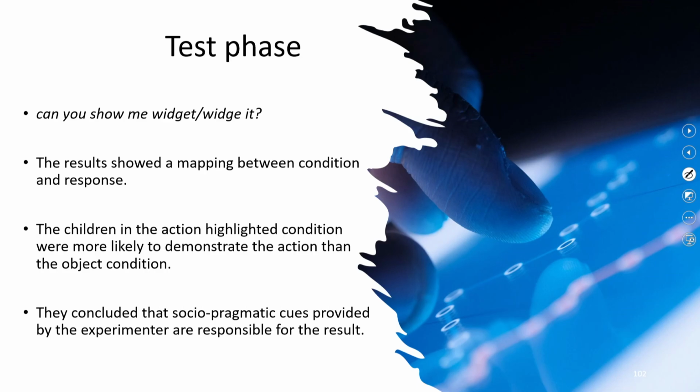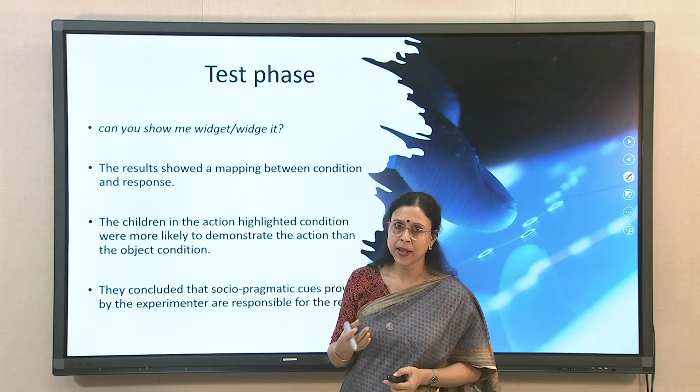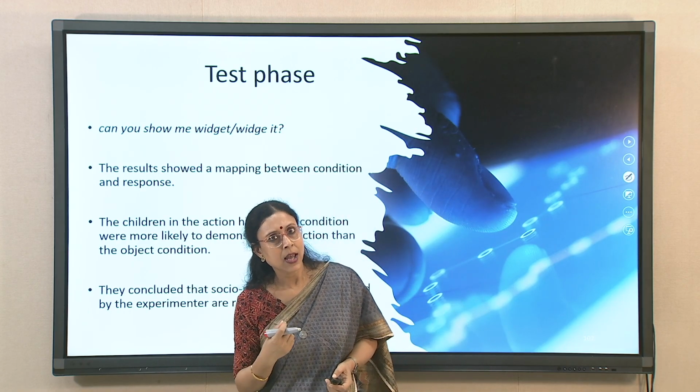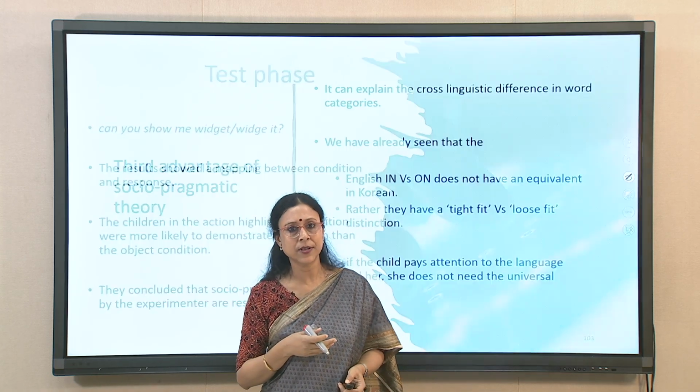So, can you show me widget meant, almost, can you show me how to widget it? They will actually play out the action because they have seen the action happening. In the object highlighted condition, they did not favor the action. So, it was concluded that the socio-pragmatic cues provided by the experimenter were responsible for the result, because the child was able to read the intention of the other person.